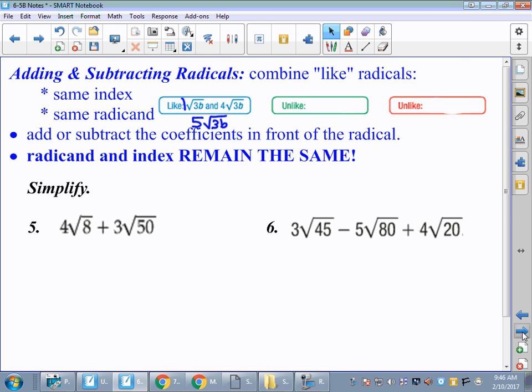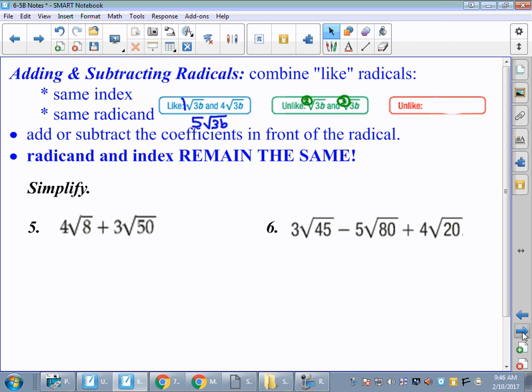An example that they're not alike: if I had the 3b and the 3b, but one is a square root and one is a cube root. They're kind of small, but you can see that just because the radicands are the same, we cannot add those, because the square root of 3b is a different decimal than the cube root of 3b.